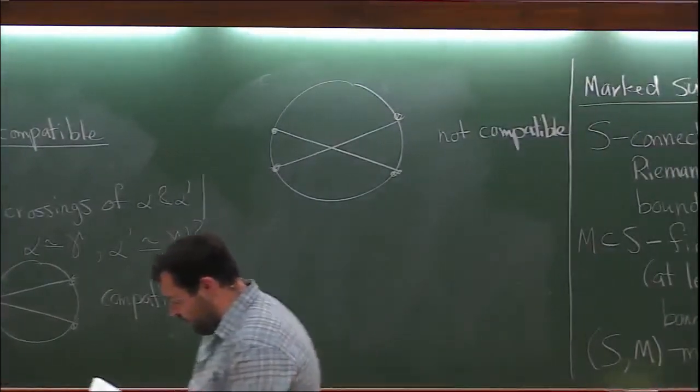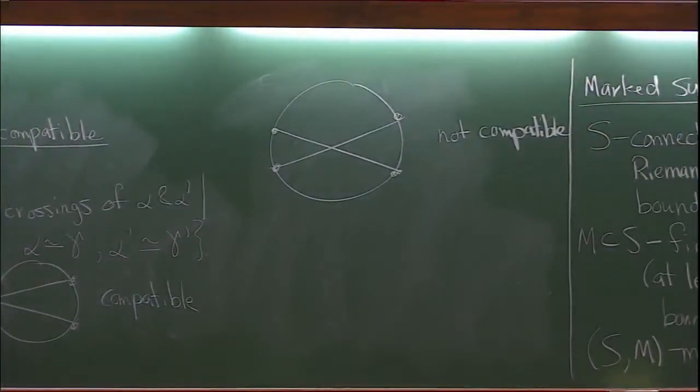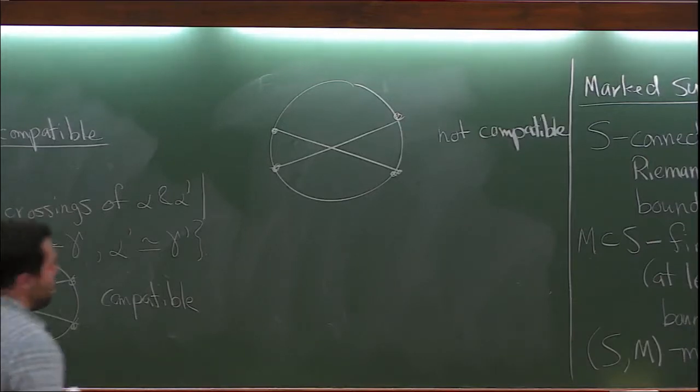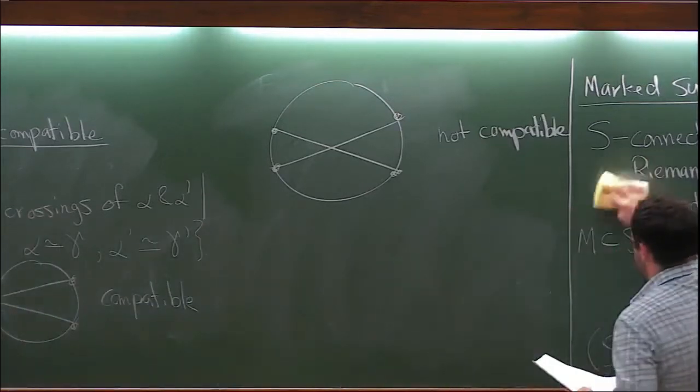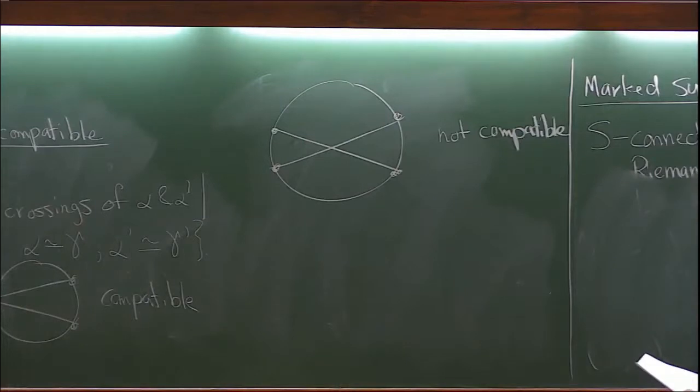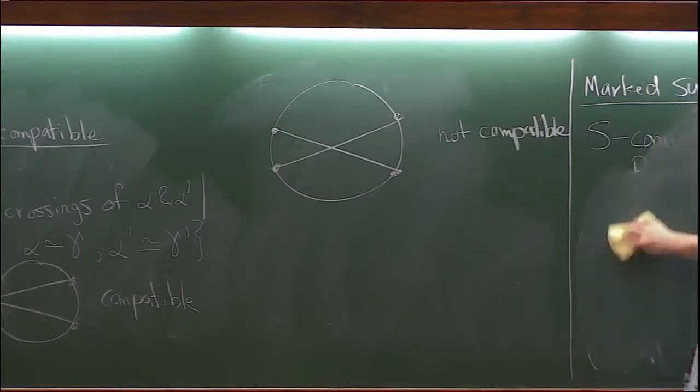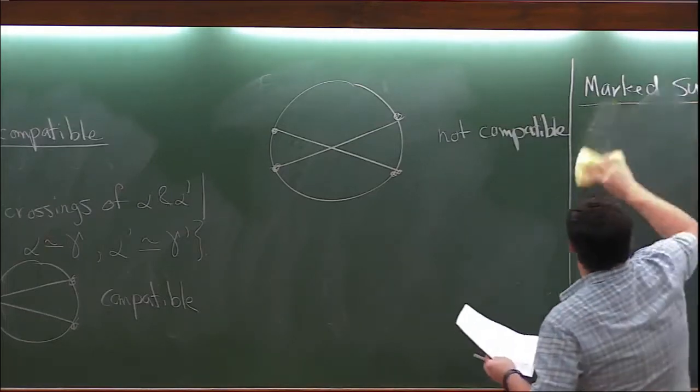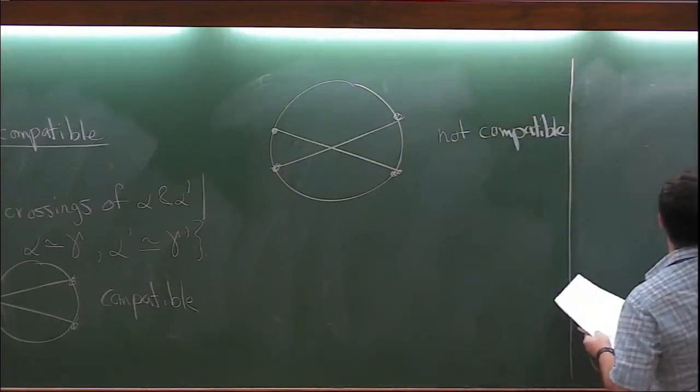All right. So now a triangulation is just going to be a maximal collection of pairwise compatible arcs. Okay? So I want to add in as many arcs as I can so that they don't cross up to isotopy.